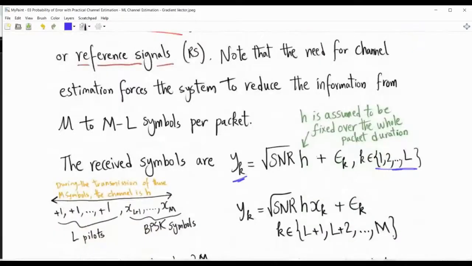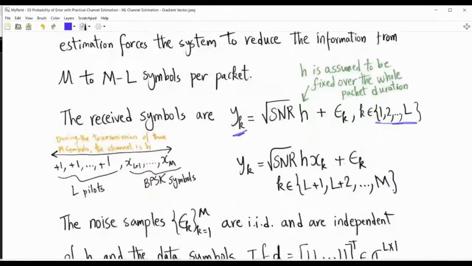All the symbols are 1, and then of course we have the additive white Gaussian noise. But when k is for the received signals corresponding to the transmitted symbols from L plus 1 to M, those will have X_k, an unknown binary PSK symbol that is to be detected, and of course there is the additive Gaussian noise.